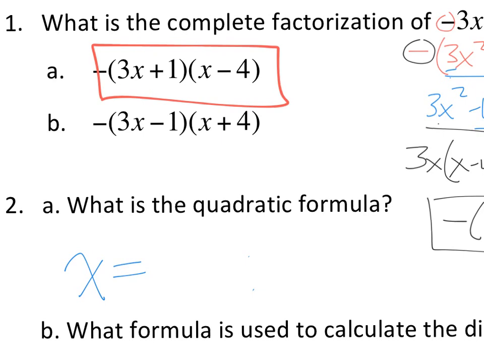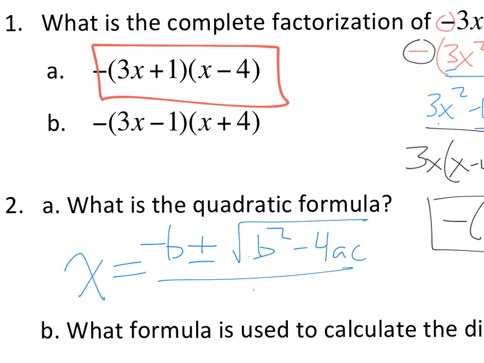X equals negative b plus or minus square root of b squared minus 4ac all over 2a. So that's kind of dramatic, but it's just negative b, or opposite b, plus or minus the square root of b squared minus 4ac all divided by 2a.